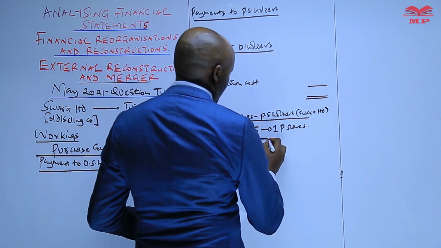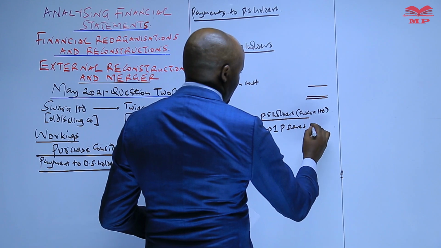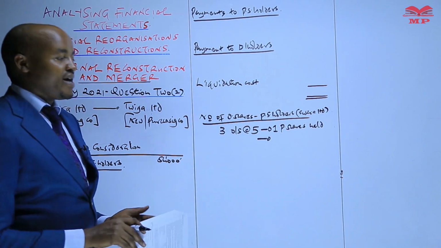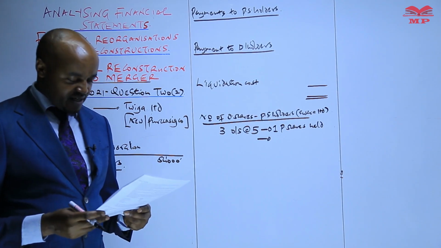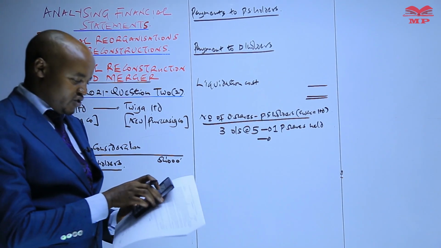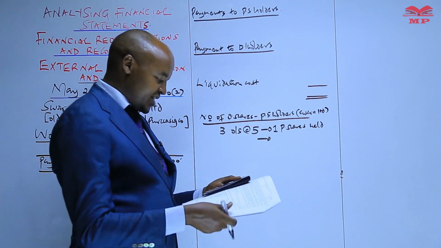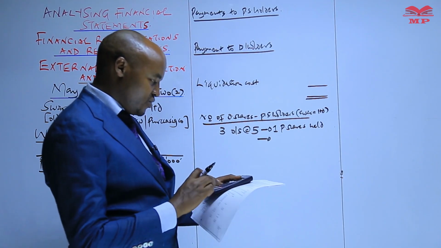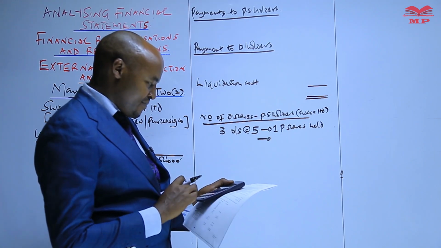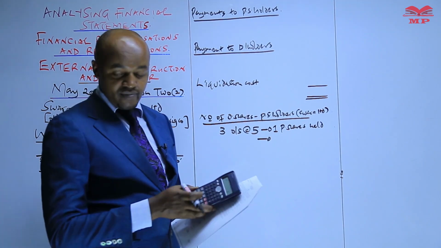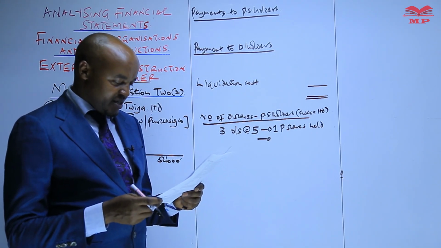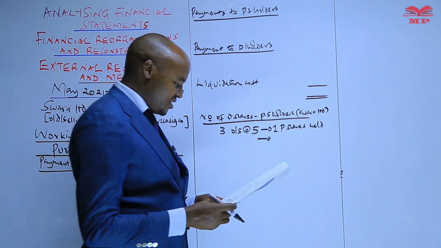So what we need to do first of all is determine the preference shares which were held or had been issued by Swara Limited. So where do we get that information? That information we get from the statement of financial position of Swara, specifically under equity. What we need to do is take the ordinary share capital of this company, Swara, and determine the number of shares issued by this company.